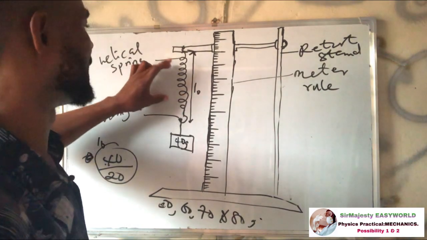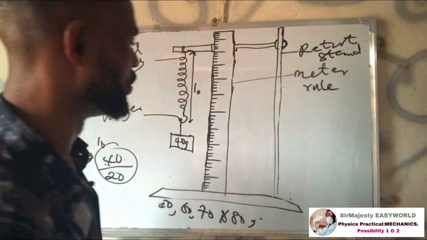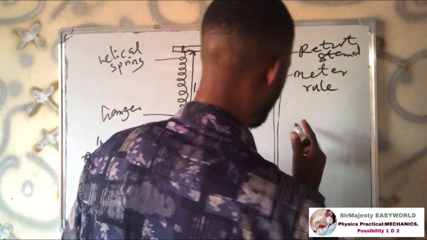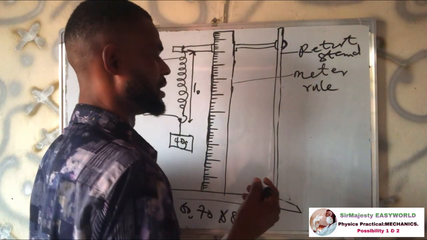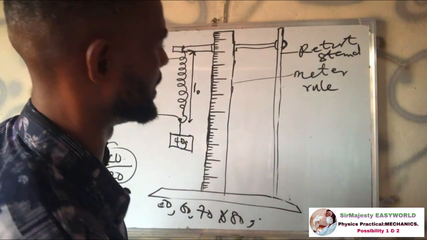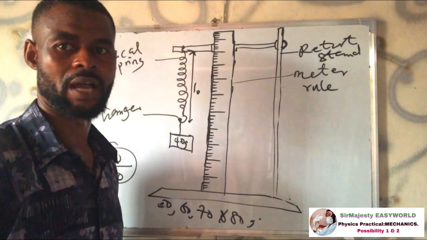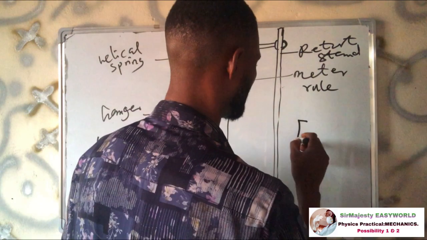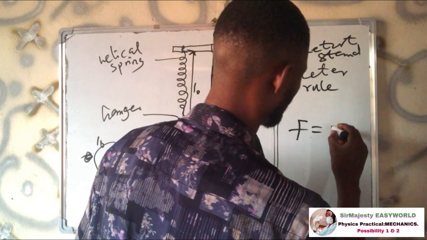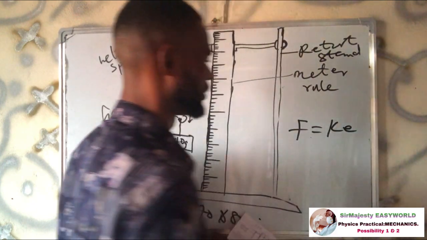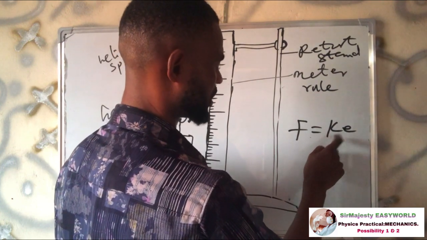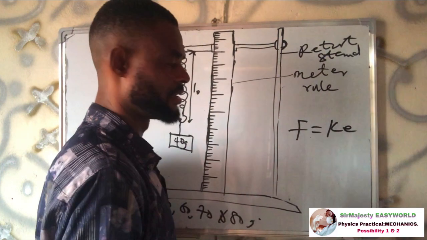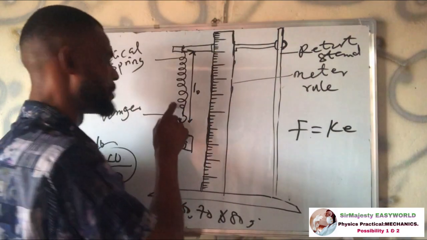That is the elastic constant, and all of us know that F is equal to ke. How do you calculate extension? The extension comes from F equals ke, and this k here is the force constant of this elastic material.